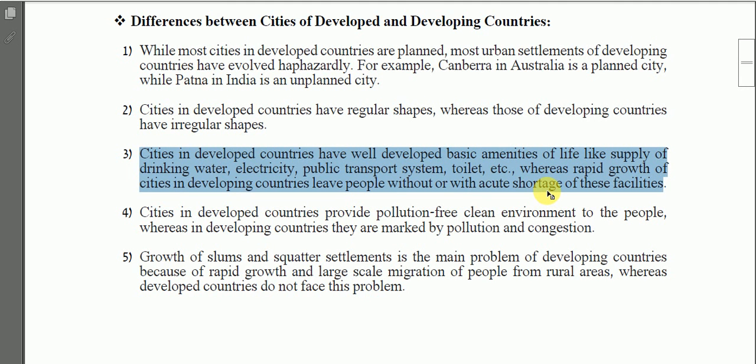In developed countries, the cities have well-developed basic amenities. Whereas cities in developing countries may or may not have these facilities. Sometimes some cities in India may have acute shortage of the facilities mentioned above.